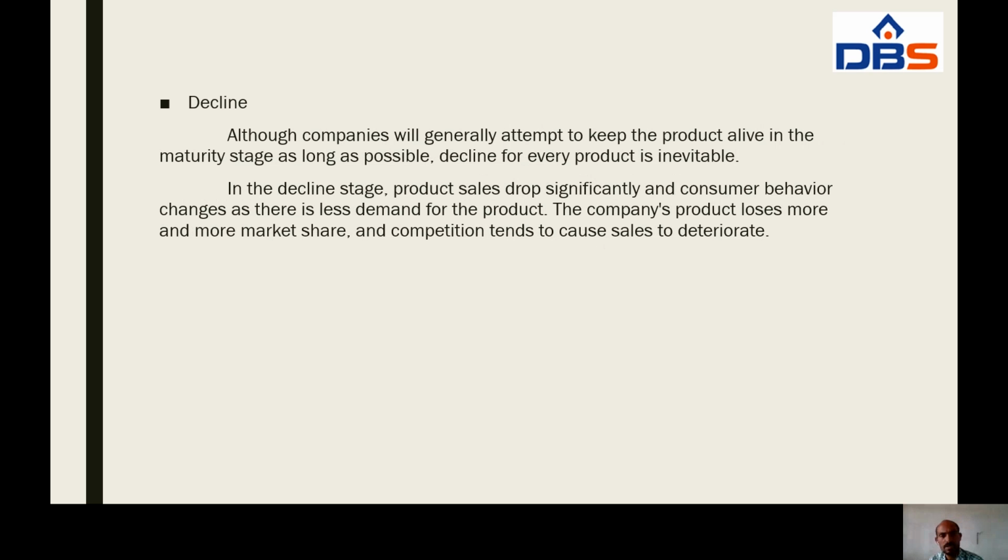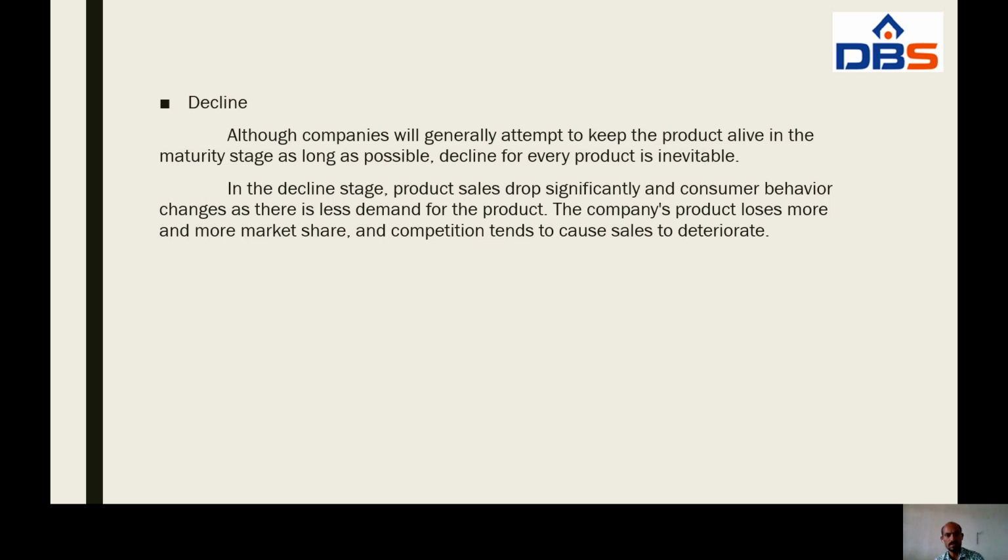And next, the fourth stage is decline. Although companies will generally attempt to keep the product alive in the maturity stage as long as possible, decline for every product is inevitable. In the decline stage, product sales drop significantly and consumers' behavior changes as there is less demand for the product.